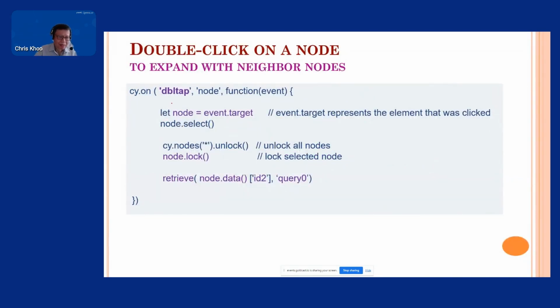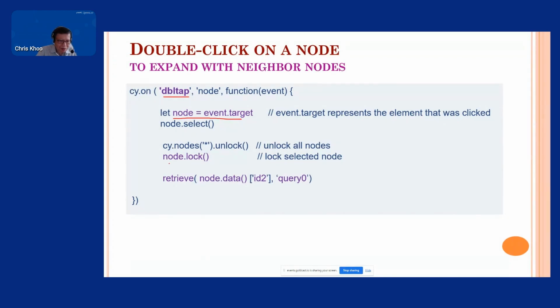Then, okay, so how do you code interactions with the graph? So this is the code for double clicking on a node. And you can see that it's pretty easy. I specify that this is a Cytoscape object on double tap. Double click and double tap are combined together so that you can use it on iPad and touch surfaces. And then the node that is tapped on will result in an event object, which will include the node ID.